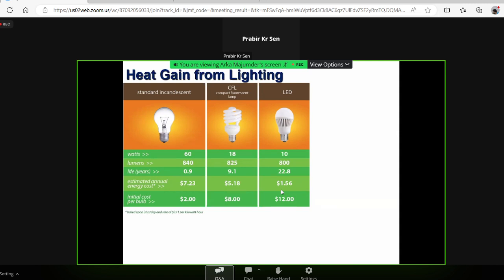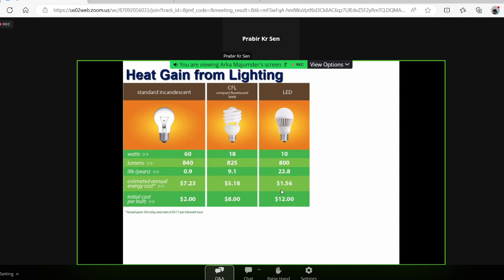You need a 10 watt LED to produce the same lumen. Annual expenditure for LED light is minimum. Though the initial cost is more for LED light, it will be offset very soon.